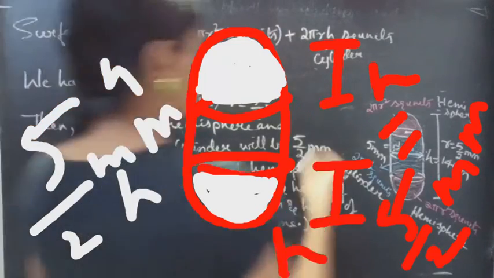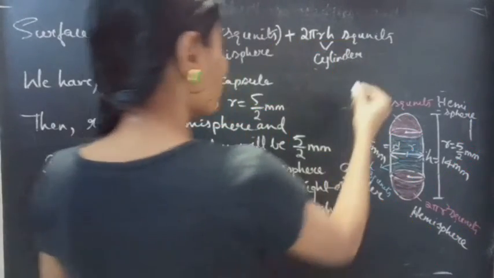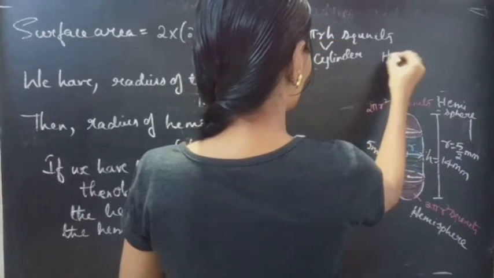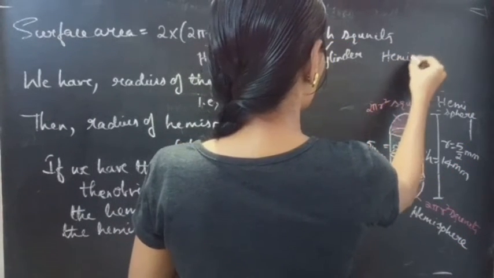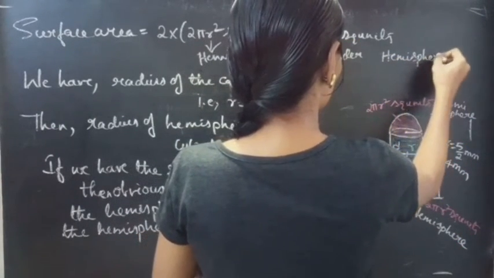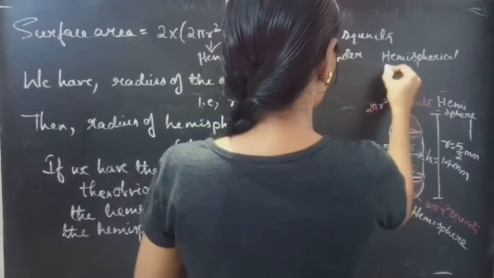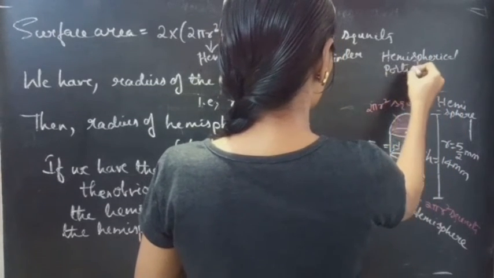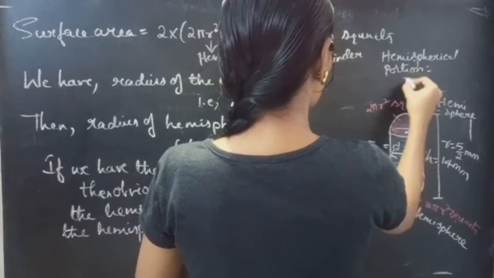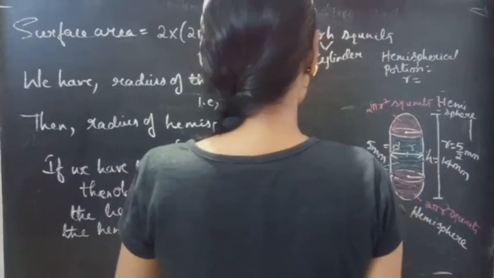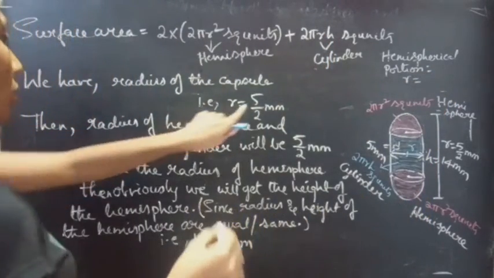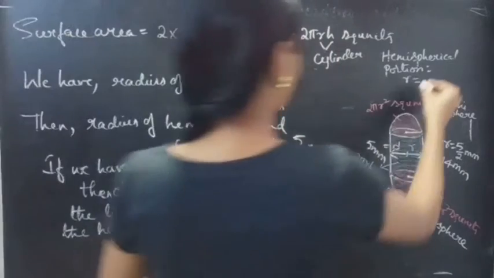Now consider the hemispherical portion. From the hemispherical portion, we have h equals 5 by 2 mm.